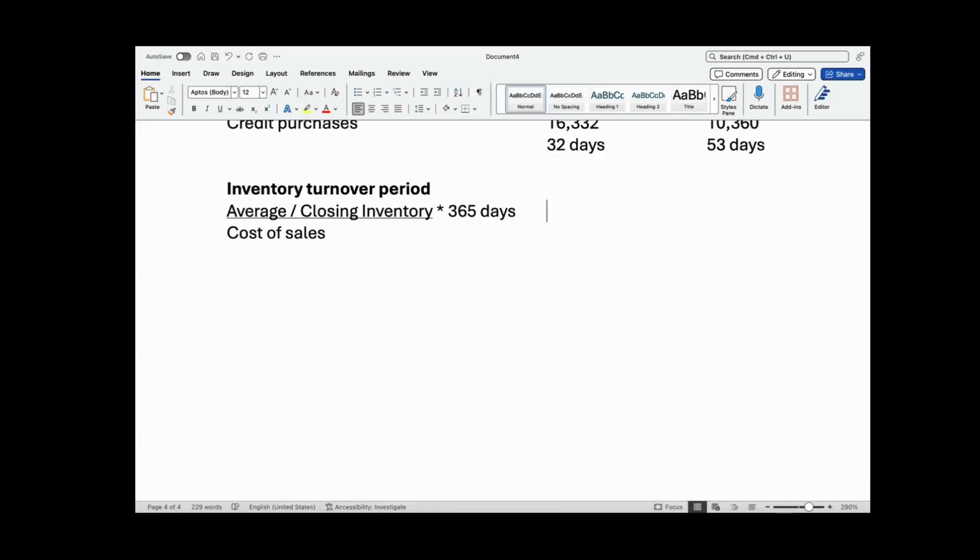So 5040, and this is 4720, divided by cost of sales, 16332. So how many days are we looking at in 2023?